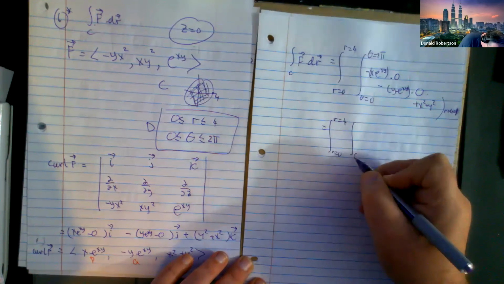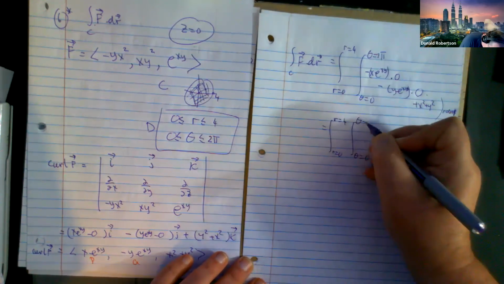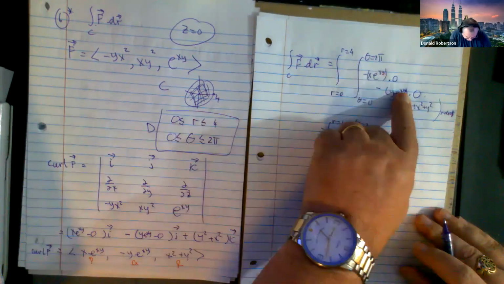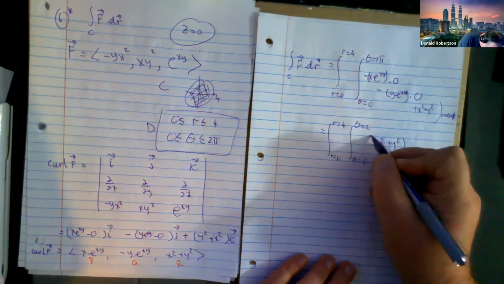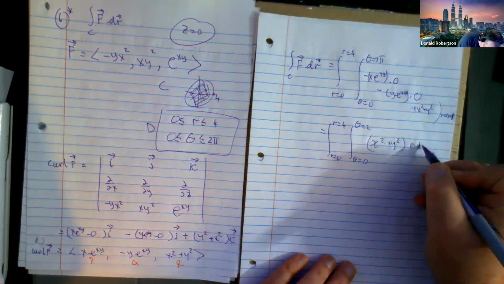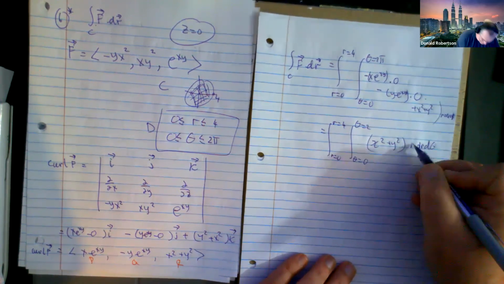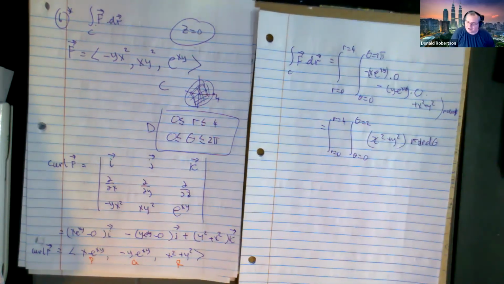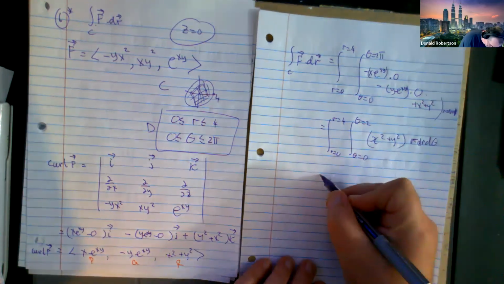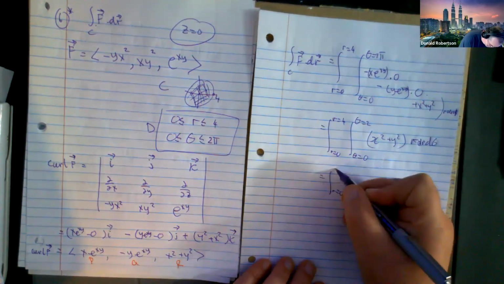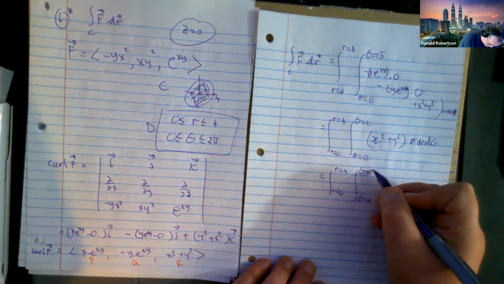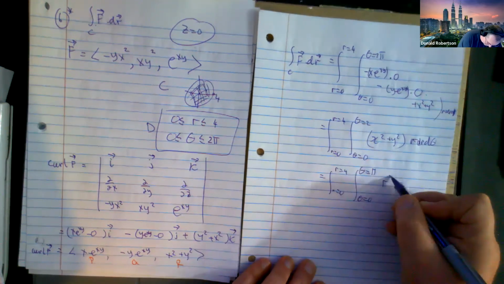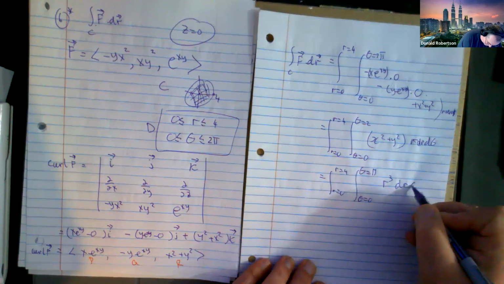The person who figured that out was cool. Because these are zero, they don't matter. Aren't you just left with x squared plus y squared, which is r squared? And that makes it r cubed dr d theta.